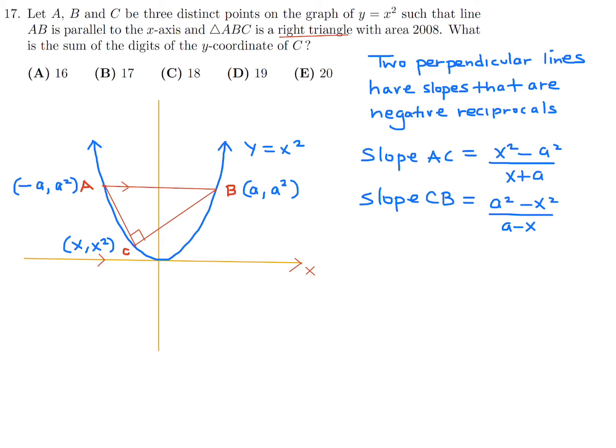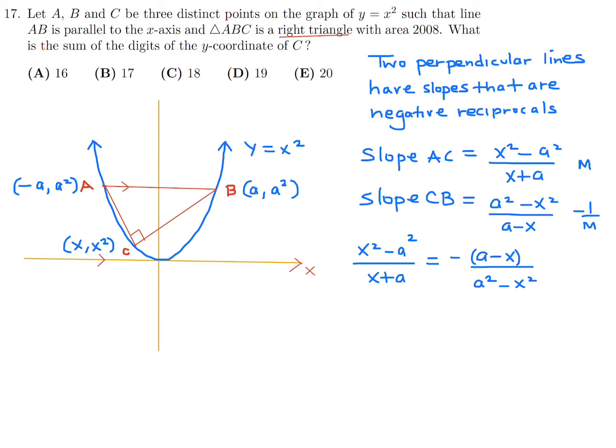Now these are negative reciprocals, so if one is m, the other one is negative 1 over m. So that means x squared minus a squared over x plus a is equal to, flip it and then do a negative, so minus a minus x over a squared minus x squared. Okay?